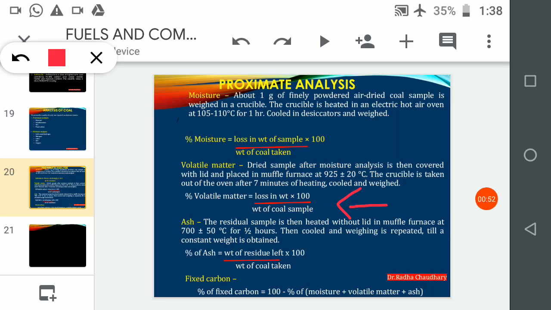Then ash content. After the removal of moisture and volatile matter, the residual coal left in the crucible is heated without lid in the muffle furnace at 750 plus minus 50 degrees centigrade for half an hour.